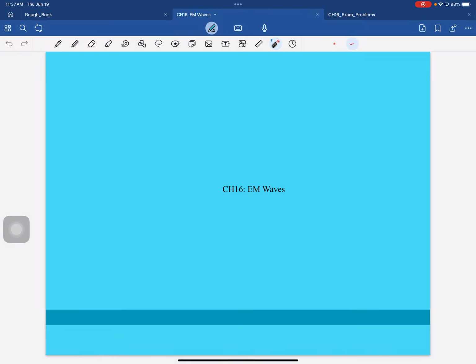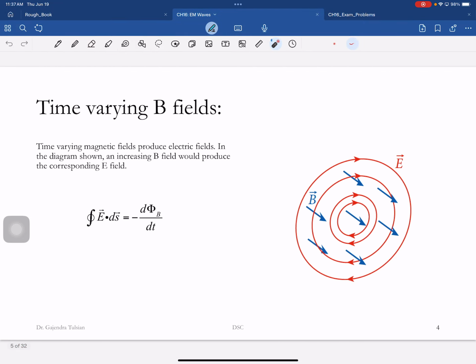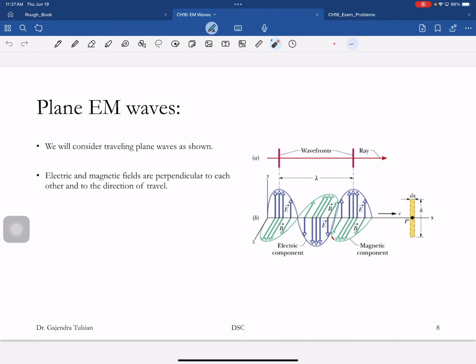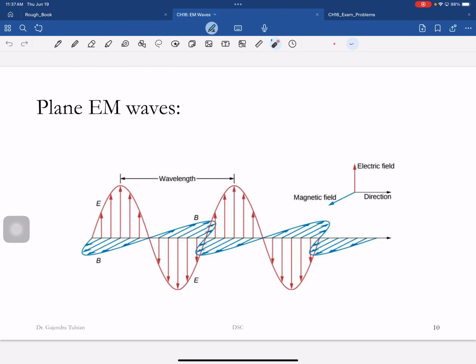Okay. So I'll show you an example. Here's an electromagnetic wave. This wave is traveling in this direction. And there's the electric field. And here's the magnetic field.